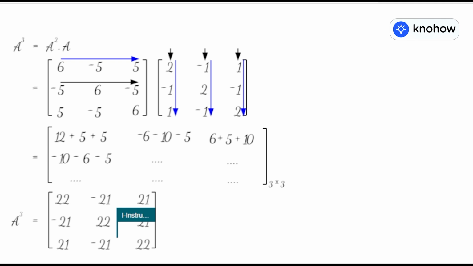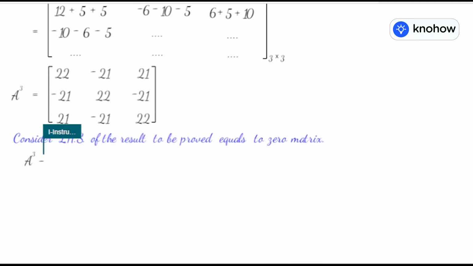Okay, so now once we get A cube and A square, just consider the left hand side of the result to be proved equal to the zero matrix. So what is the left hand side of the result to be proved? It is A cube minus 6A square plus 9A minus 4I.